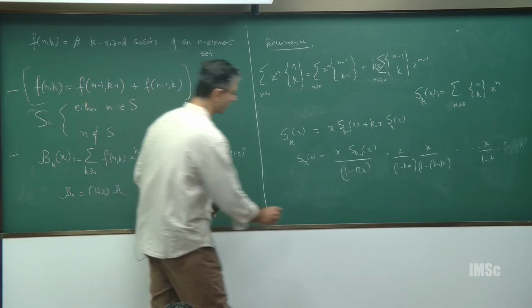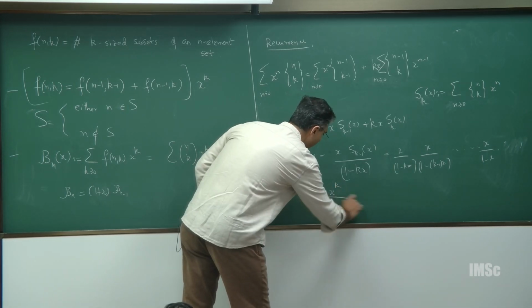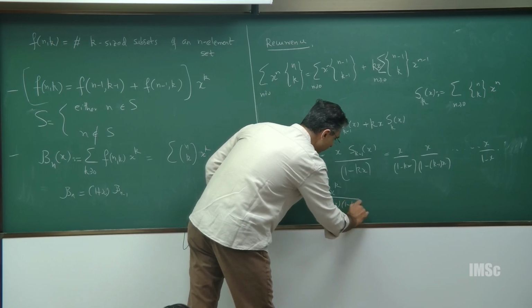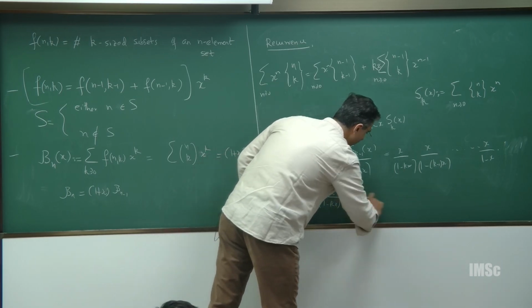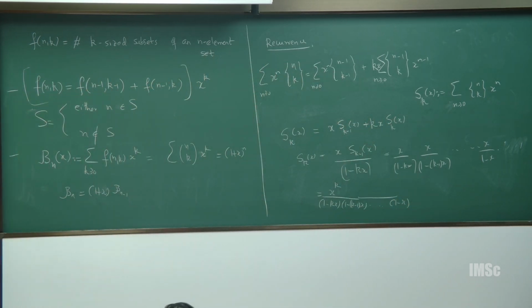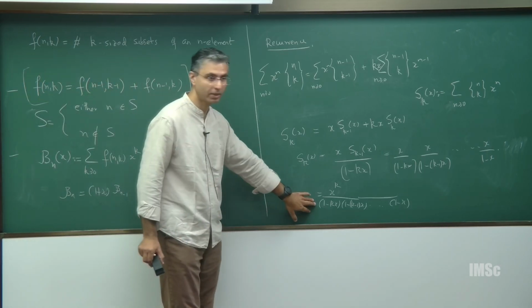So it is x raised to k upon the product of all these: 1 minus kx, 1 minus k minus 1 x, all the way till 1 minus x. So not bad, at least we have an expression for the generating function.